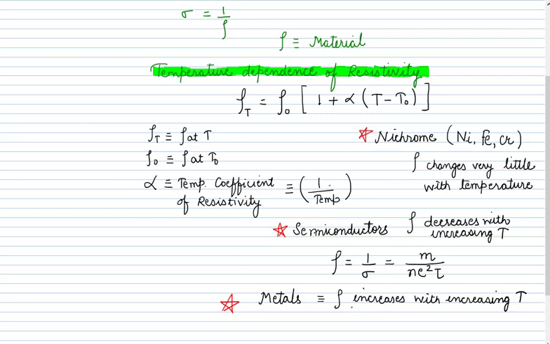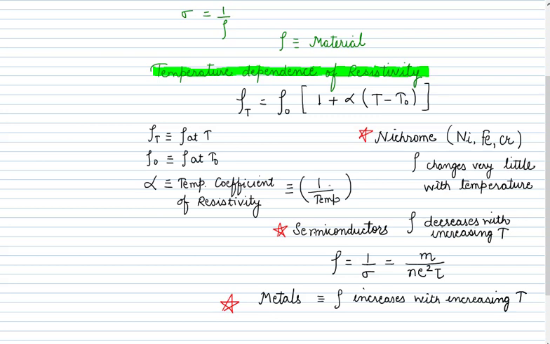So these three things are put in a star. You have to always remember: nichrome we always prefer, because its resistivity does not depend much on temperature. For semiconductors, on increasing the temperature, resistivity decreases and conductivity increases. For metals, on increasing the temperature, resistivity increases and conductivity decreases.